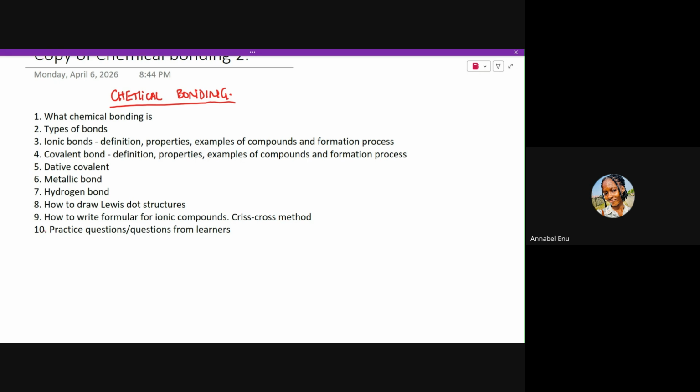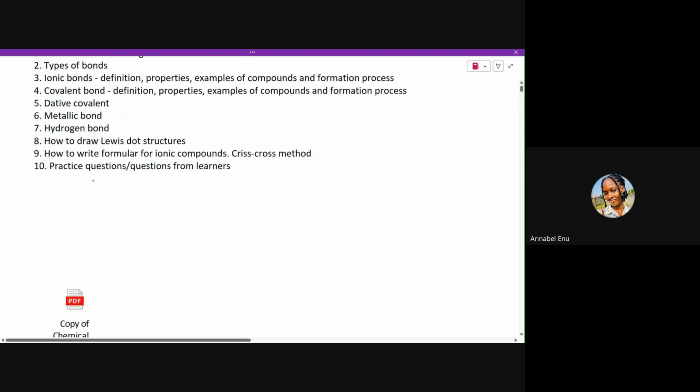Please listen carefully. When we talk about ionic bond, ionic has to do with transfer of electron. Okay, when we say transfer of electron, it means one person has enough electron to give, and they tend to give it to the other person, or let's say one element in the periodic table has enough electron to give, and it gives to another element in the periodic table, making both of them happy and stable.